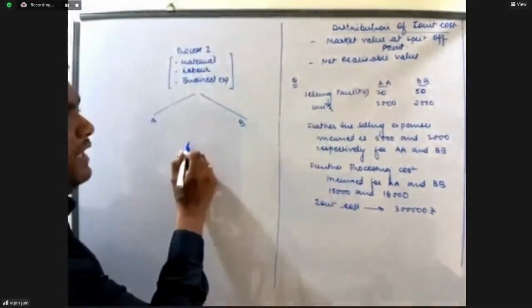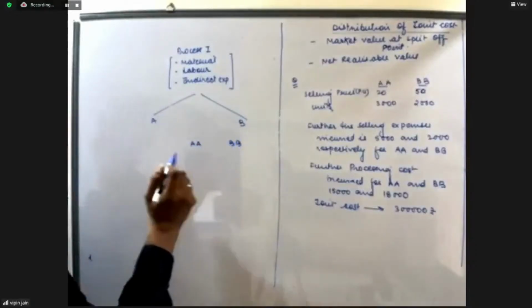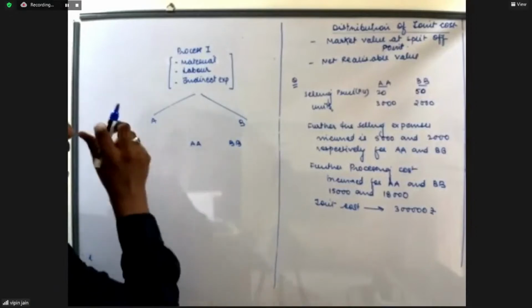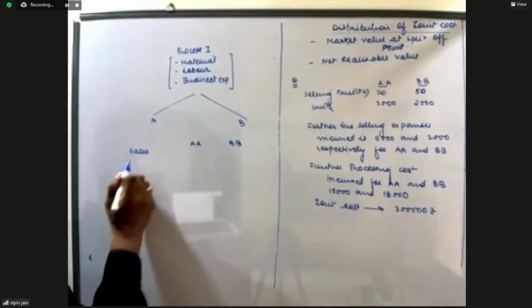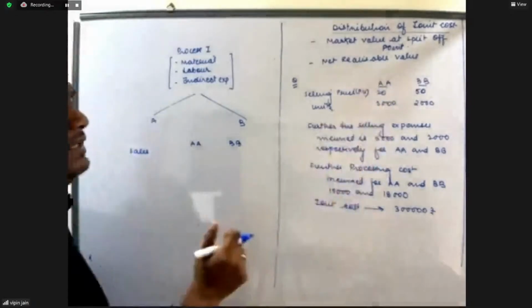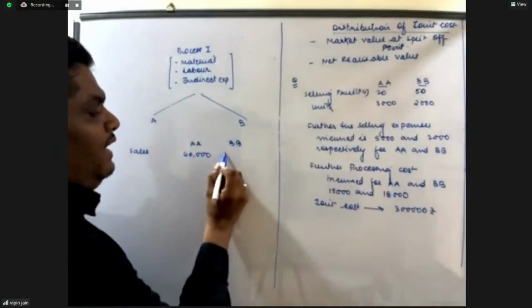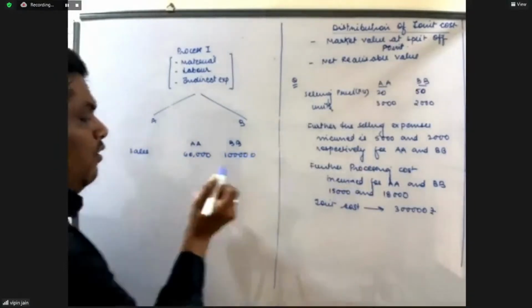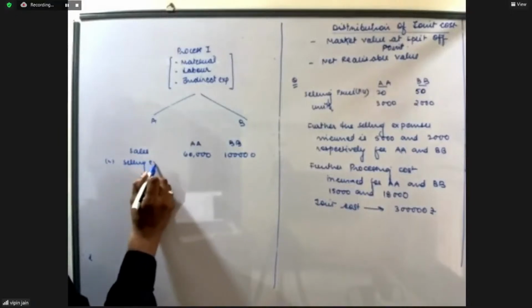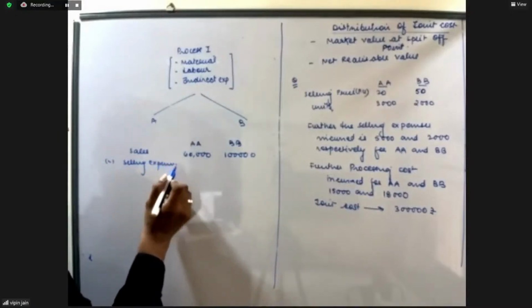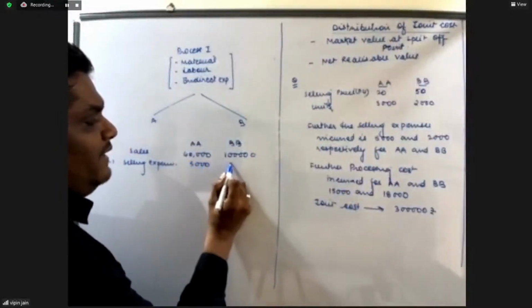So herein, when talking about the solution of this question, for products A and B, we'll calculate the net realizable value. When talking about the sales, it is given 3,000 into 20, that is 60,000, and 1 lakh. Further, we will deduct selling expenses. My selling expenses are 5,000 and 2,000 respectively.